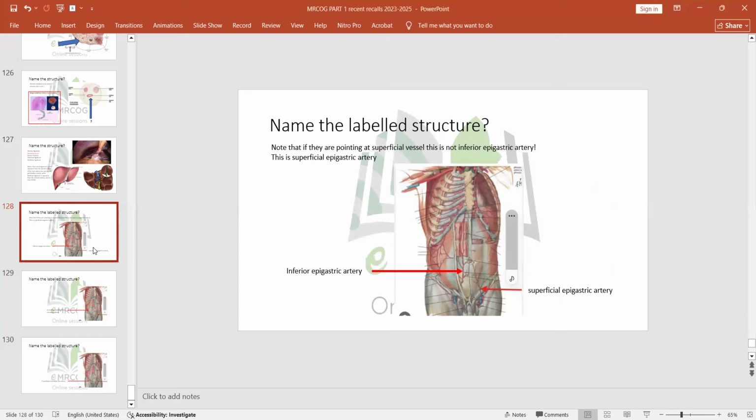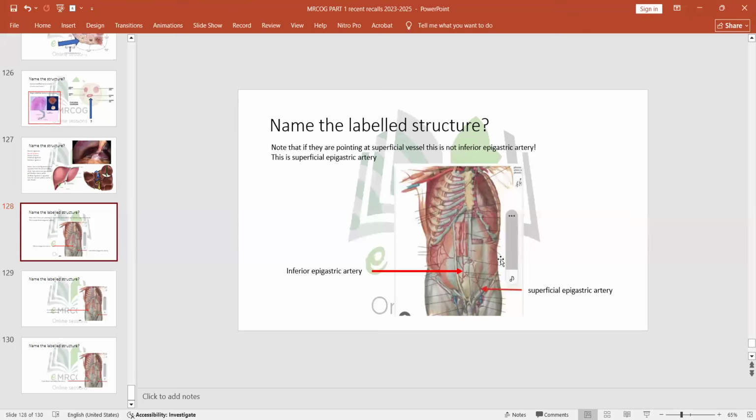In last January 2025, they told me this one was the labeled one. And if you have a look, this one is a superficial one because they dissected the other part. So this is deep and this is superficial. You can even see the fascia over the rectus abdominis muscle. So this is superficial epigastric.